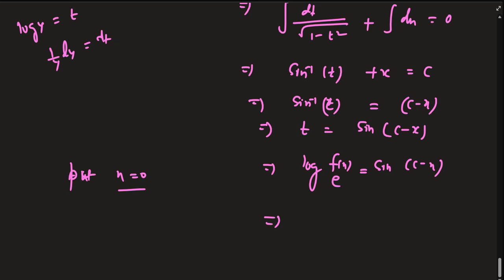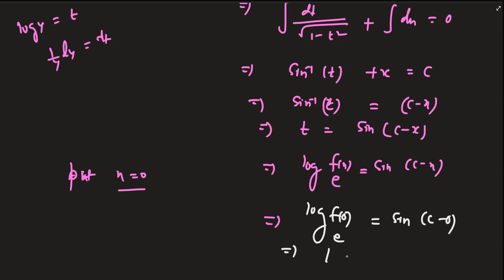So now we have log of f of 0 and this is sine of c minus 0. F of 0 is e, so the log is 1, that is nothing but sine of c. Okay, so therefore c is equal to sine inverse of 1, that means pi by 2.